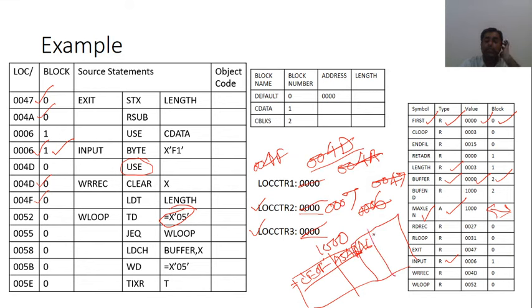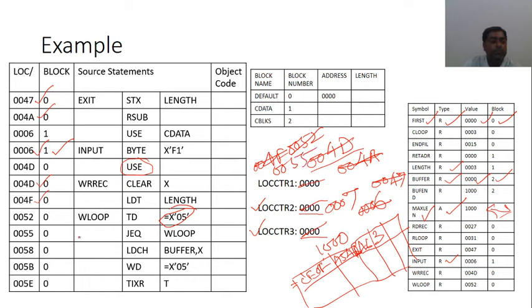Size of this literal is 3 bytes, and the address corresponding to this literal, I cannot assign before the literal pool. Now this is a format 3 instruction. So the next location counter value will be 0055. So after 52, this will be 0052, and after 52 we will get 0055.